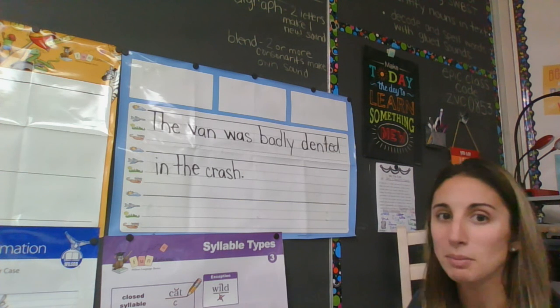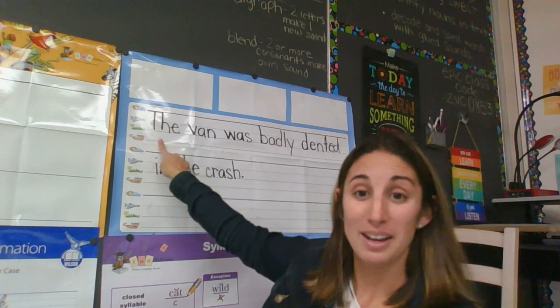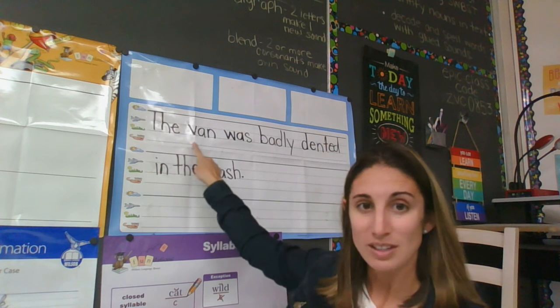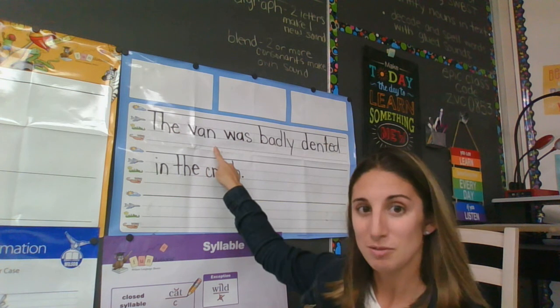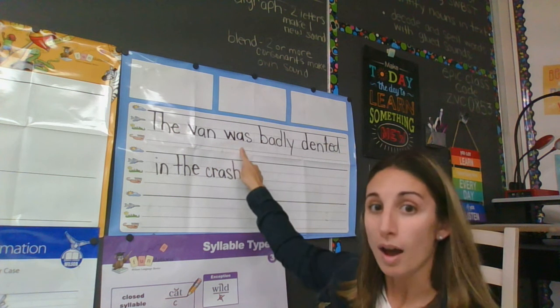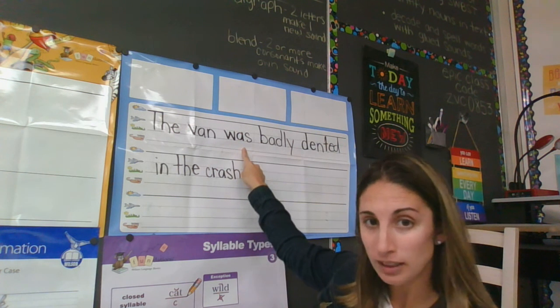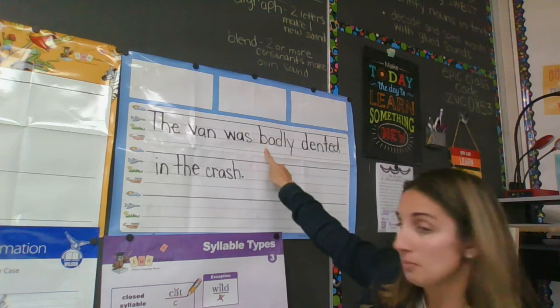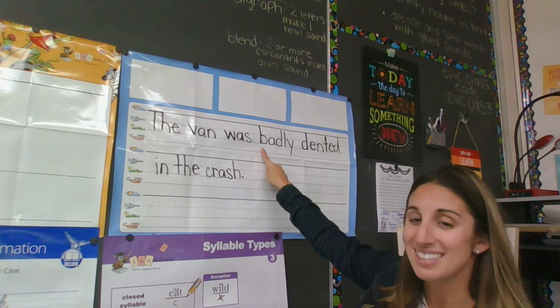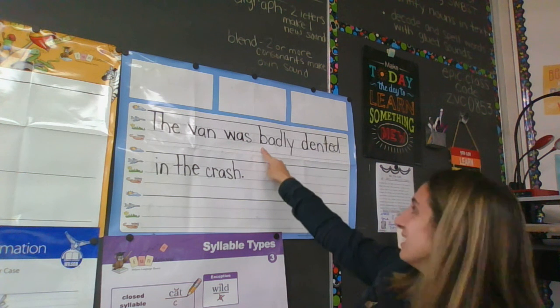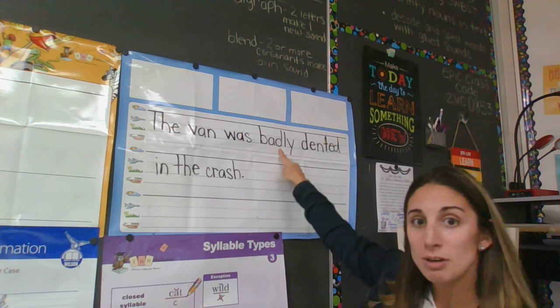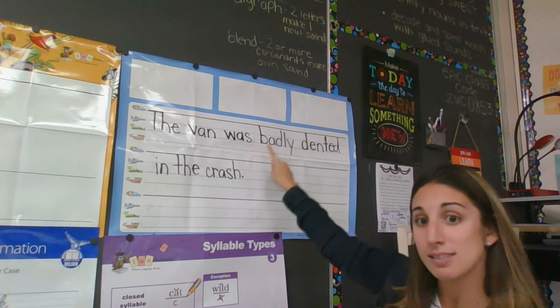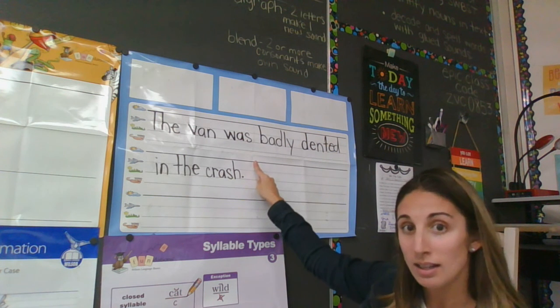Okay, check behind me. Capital letter, do you have it for the? Check van, V-A-N. Was, we should know this trick word, hopefully. Look at badly. Did you check your B's and D's on this one? That could be bad. Bad is your base word. L-Y, remember, is a suffix that we're practicing in this unit.